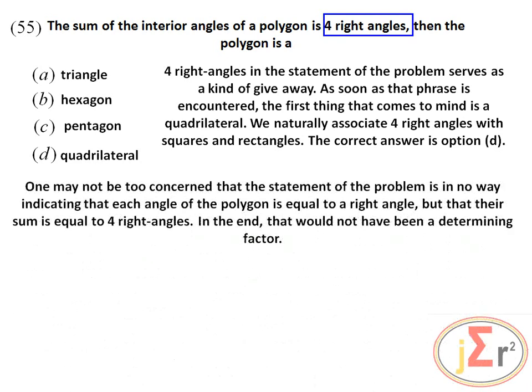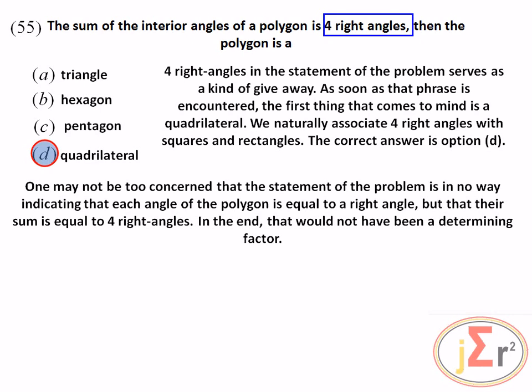One may not be too concerned that the statement of the problem is in no way indicating that each angle of the polygon is equal to a right angle, but that their sum is equal to 4 right angles. In the end, that would not have been a determining factor. It does not prevent option D from being correct.